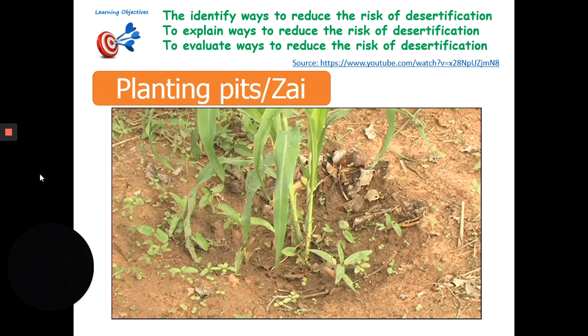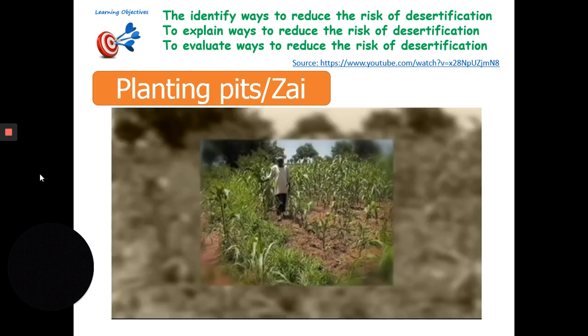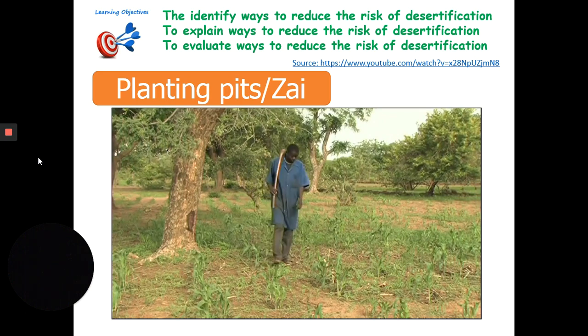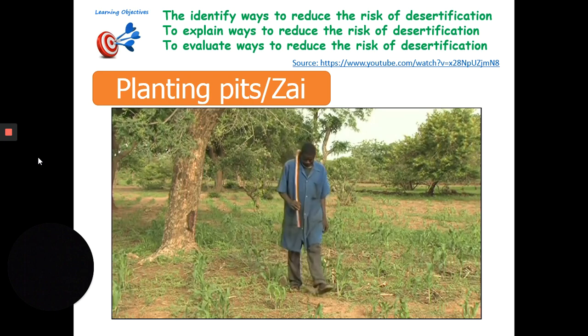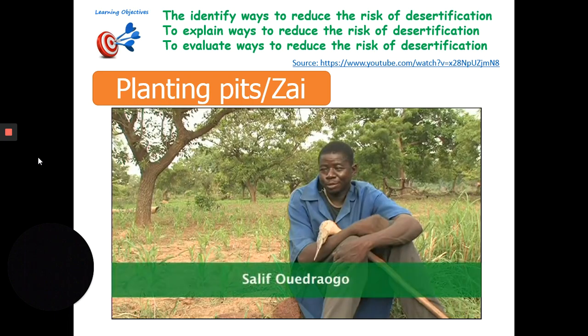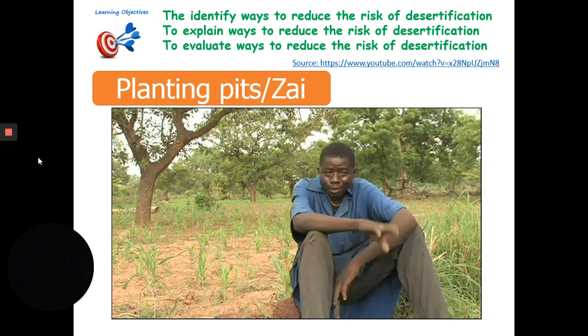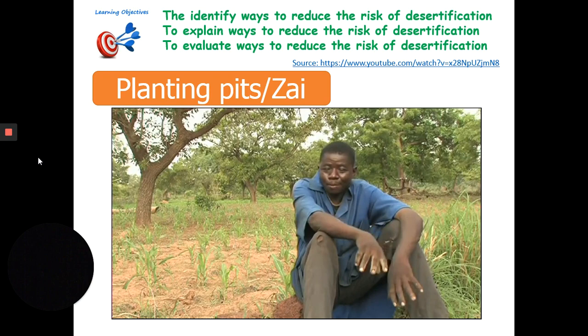Ali Ouedraogo was amongst the pioneers of these improved zai, and Salif, his son, has taken over where his father left off. The benefits of zai are numerous. We put compost and organic manure into the zai. This allows us to make best use of them.